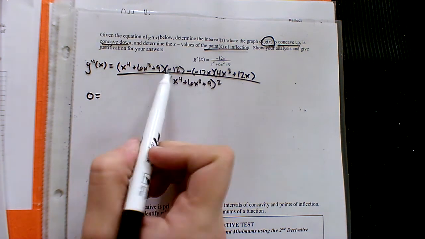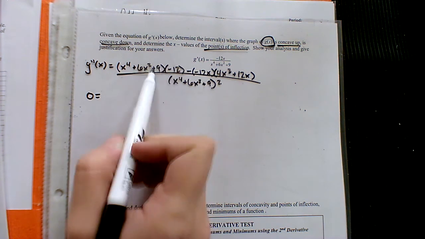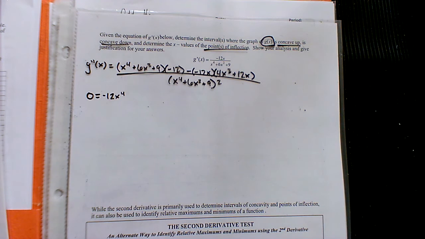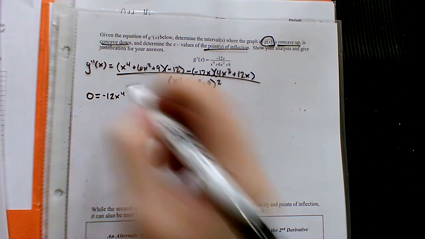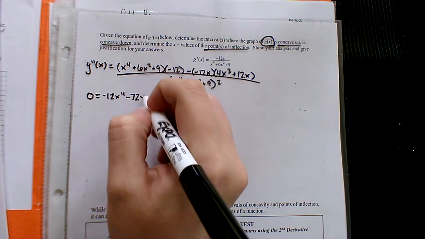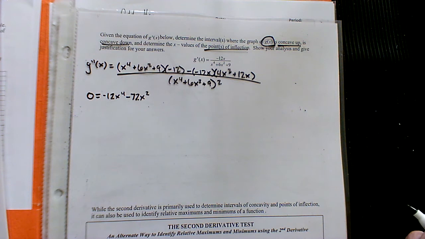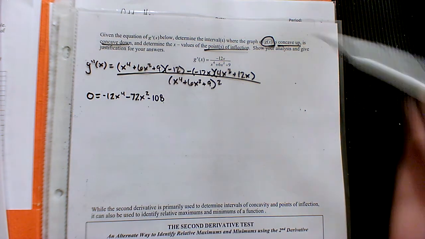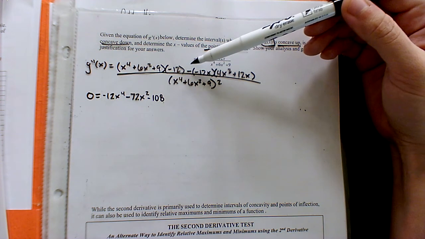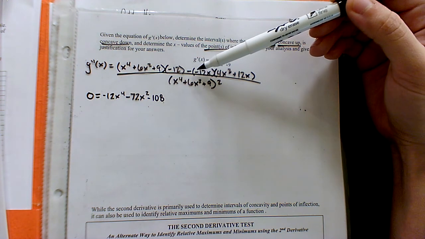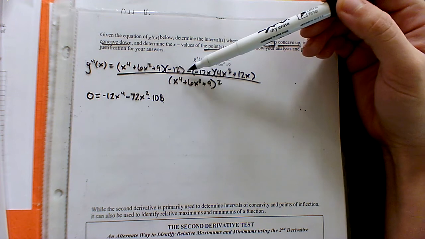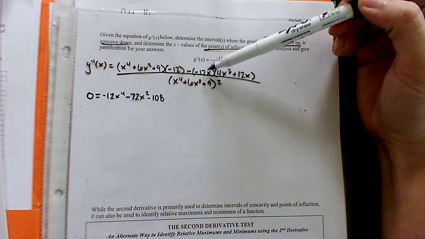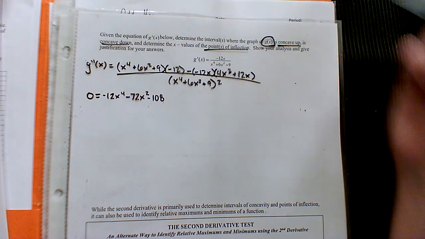If we distribute in the negative 12, 6 times 12 is 72, and then 9 times 12 is 108. After the minus sign, we'll distribute in a negative 12x, but we can also distribute in the minus sign as well. So double negative changes to a positive, let's just distribute in 12x into everything.